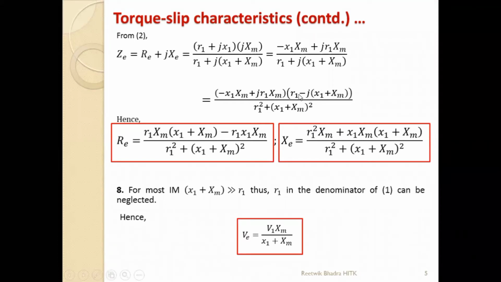That is minus 1, and minus minus becomes plus. So second term will be R1 XM into bracket X1 plus XM. So this is our real part, which is my RE.